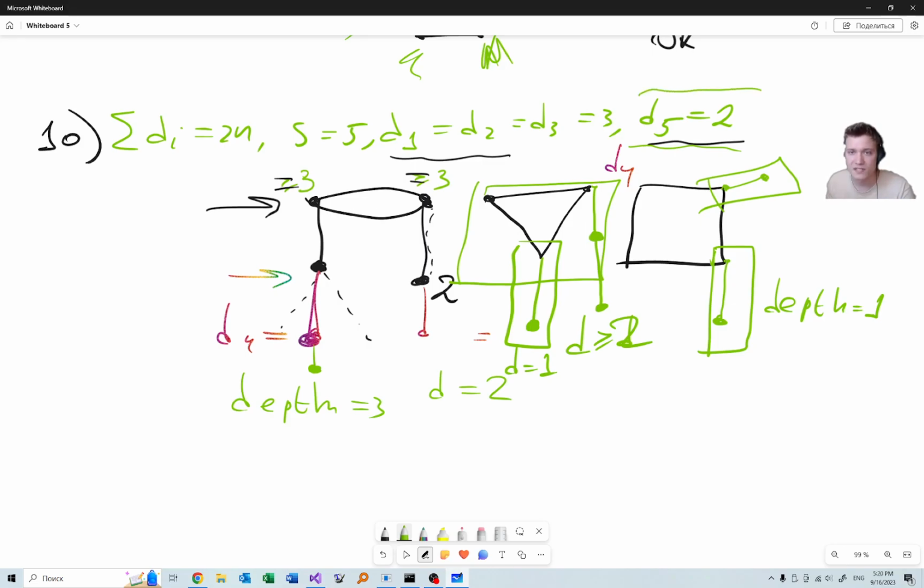So we have some 5th vertex. And depth here would be at least 2. So we have considered all the 10 cases, and now the only thing that is needed is to accurately implement it. This is what I will do now.